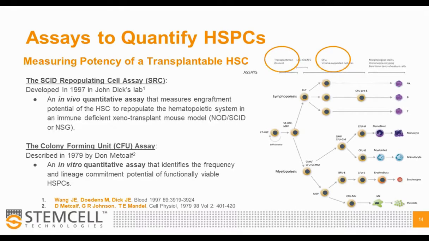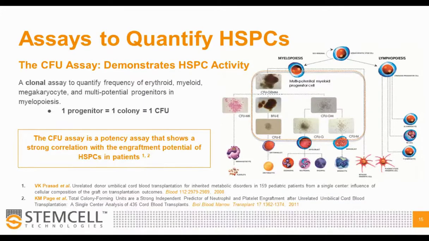And this assay is a clonal assay, which by definition means that it is a quantitative assay that identifies the frequency and lineage commitment potential of functionally viable hematopoietic stem and progenitor cells. And I've just included some references here so that you can take a look at how long ago these were done and how impressive that is.